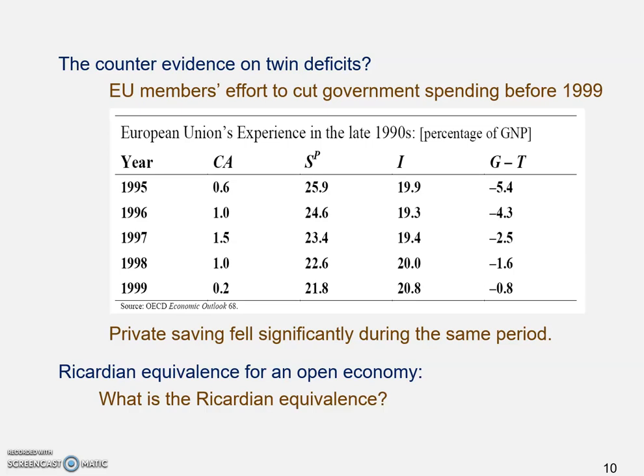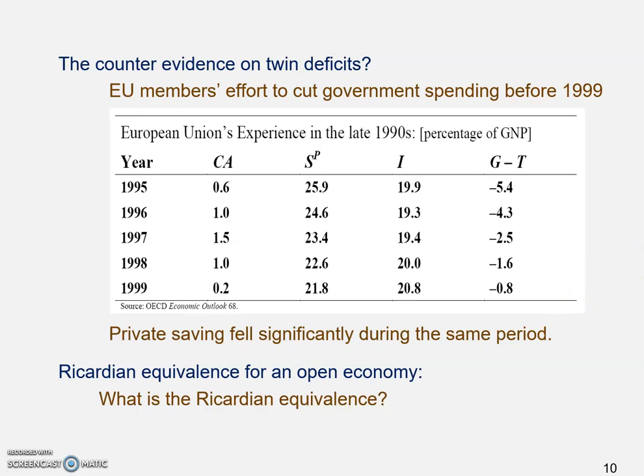So what is Ricardian equivalence? Obviously, this is named after the very famous economist David Ricardo. Ricardian equivalence says that the private sector, households and businesses, will respond to the government's fiscal policies.